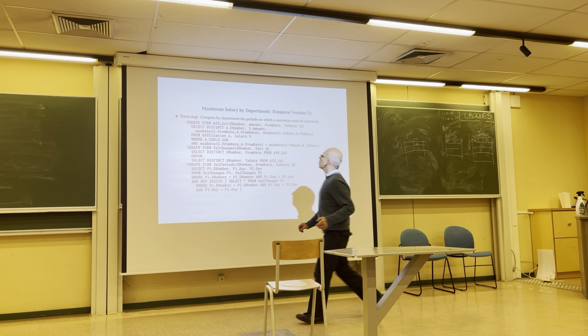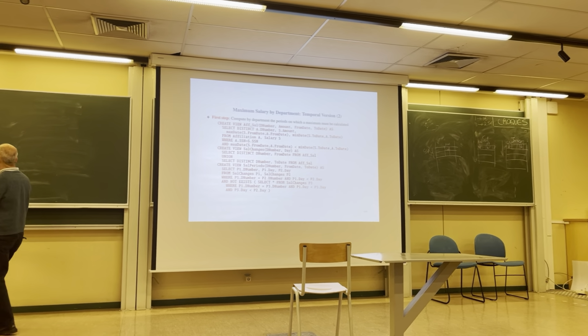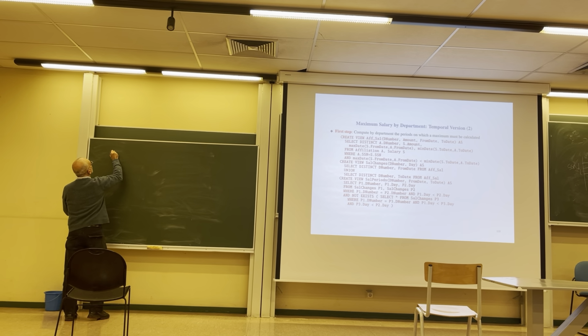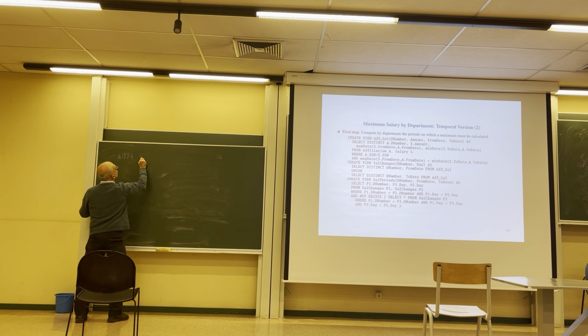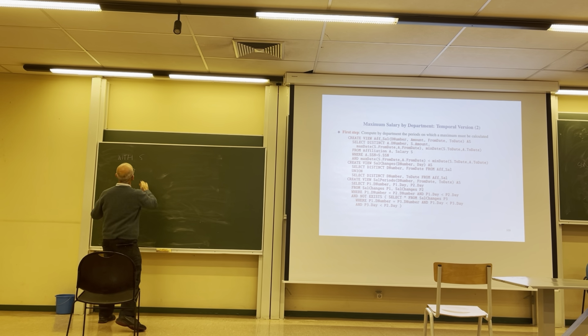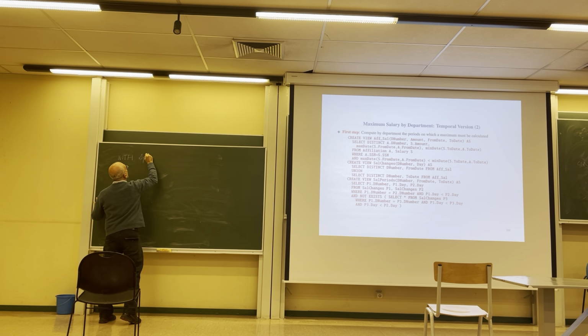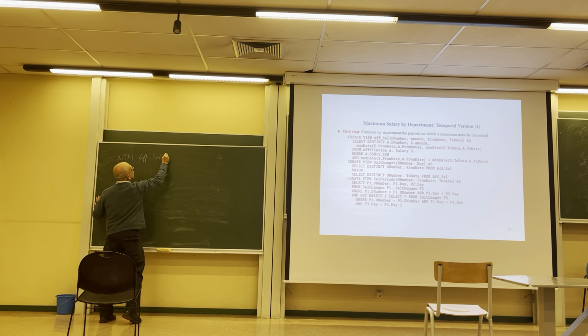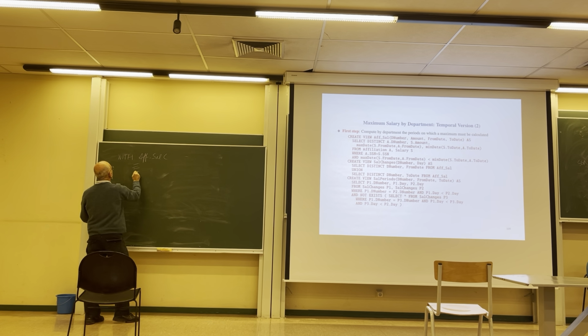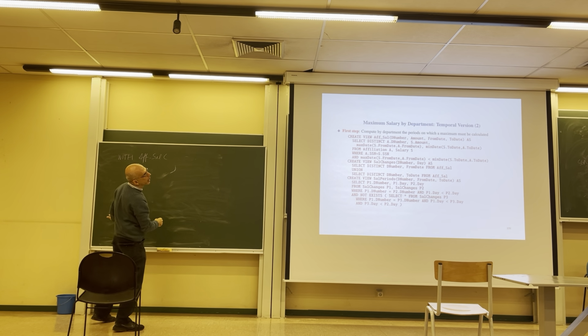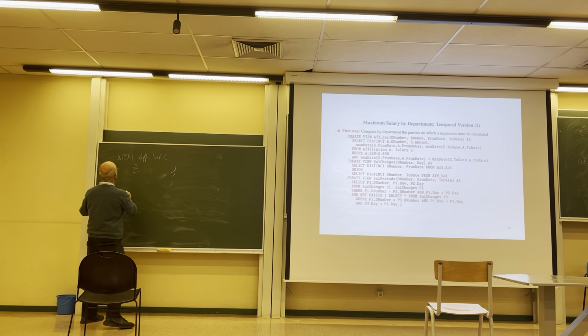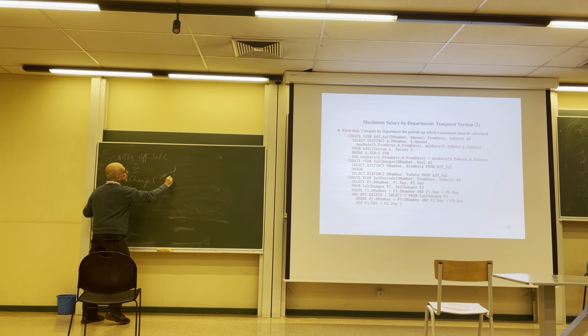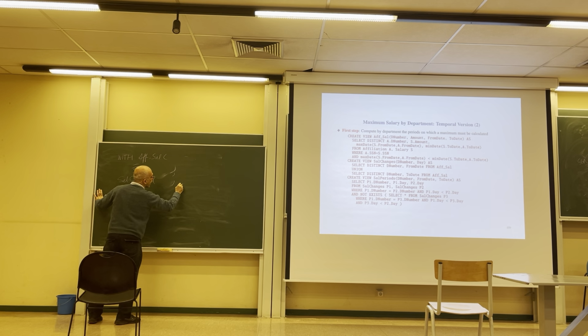You can write WITH, this is a SQL query, WITH affiliation salary, and then you put exactly the same query, comma, parenthesis there, comma, and instead of create view, you put the second name, sal changes, and put exactly the same thing until the AS.